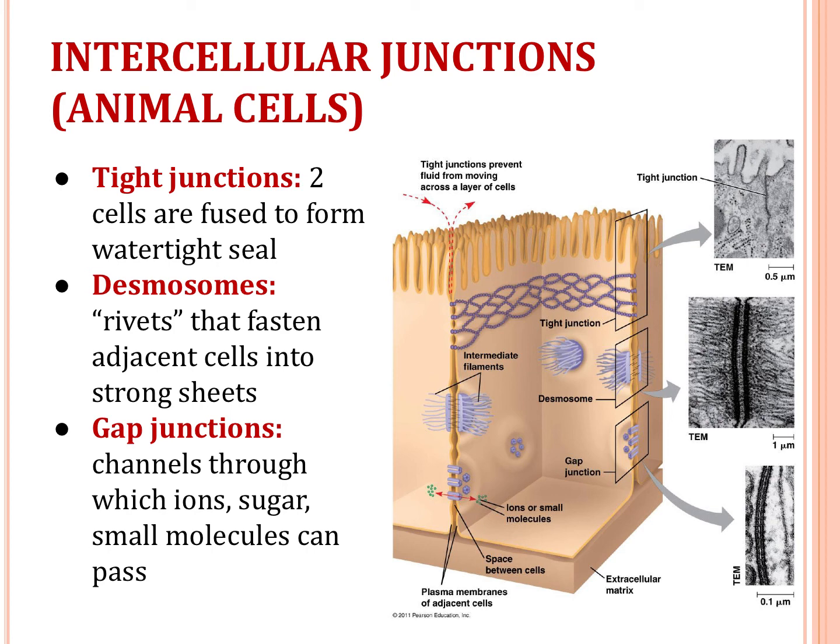So you can kind of see they're like the rivets that might hold different layers of jean pants material together. And then there are also channels that allow materials to cross from animal cell to animal cell, and those are called gap junctions, and so ions, sugars, and small molecules can pass through. So these channels between plant cells are called plasmodesmata, but between animal cells, they're called gap junctions.